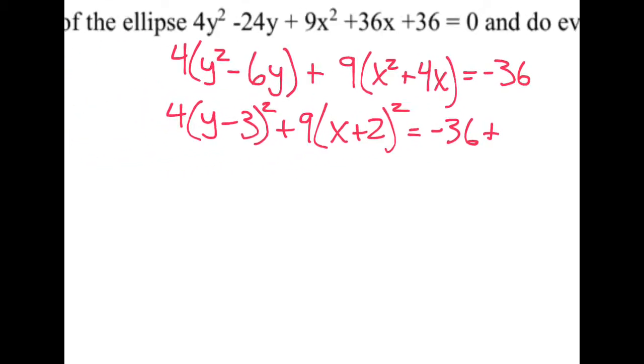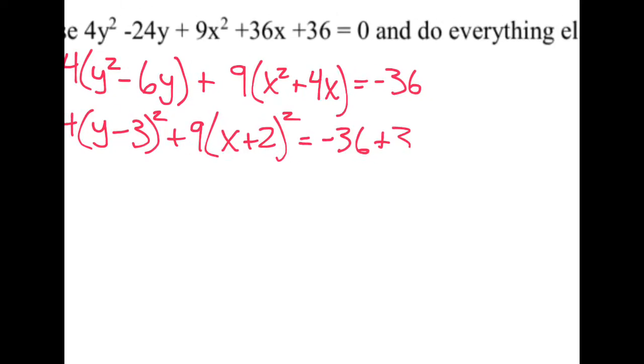Well, what is 3 squared times 4? 3 squared is 9, 9 times 4 is 36. So I added 36. Hey look, I got a minus 36 and a plus 36. Let's go ahead and cancel those out right now. So currently this right hand side is equal to 0, but I'm not done balancing yet. I still have my x completed square. How much did I add there? Well, 2 squared is 4 times 9.